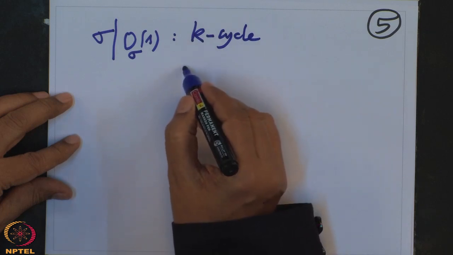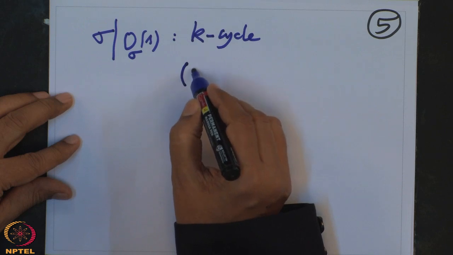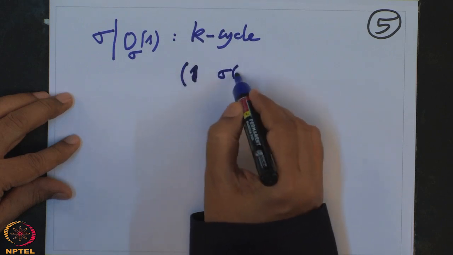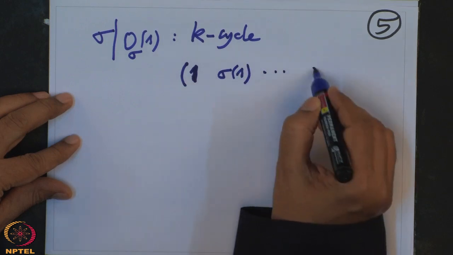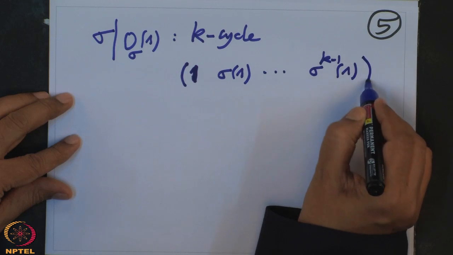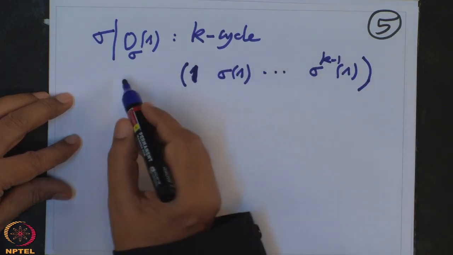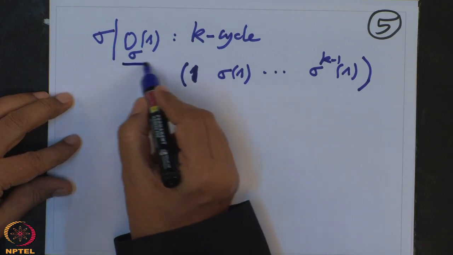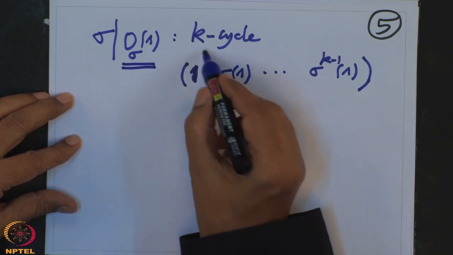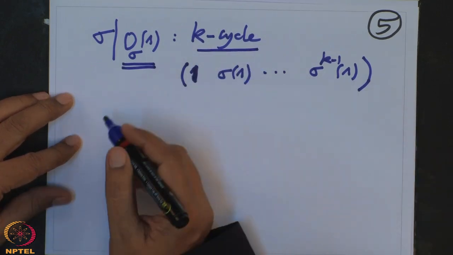That means we can write this as only the elements which are disturbed: start with 1, then it goes to sigma 1 and so on, it goes to sigma k minus 1 of 1, and then it comes back to 1. So, you can complete it here. So, therefore, to this subset, if I restrict sigma, then it is a k cycle. The remaining elements under these are fixed.